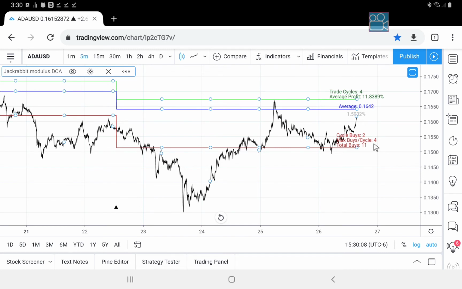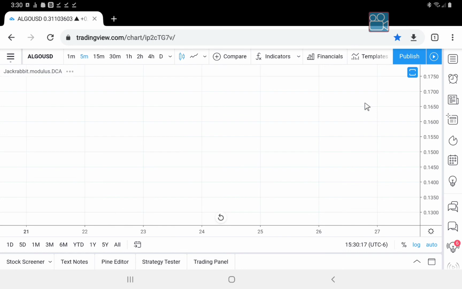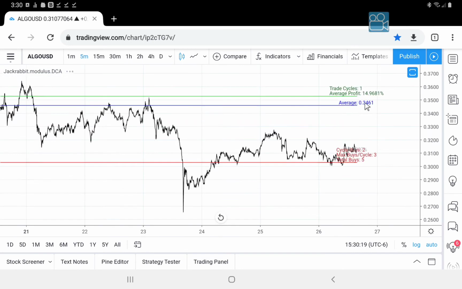There are reasons why you may not want to have this exposure. For example, let's go to a more difficult coin. Here is 1 trade cycle, 14%. And as you can see, in a one month period, that's all it's accomplished.